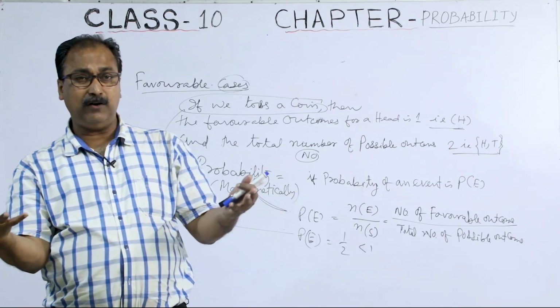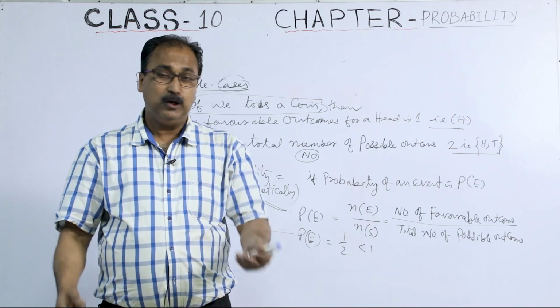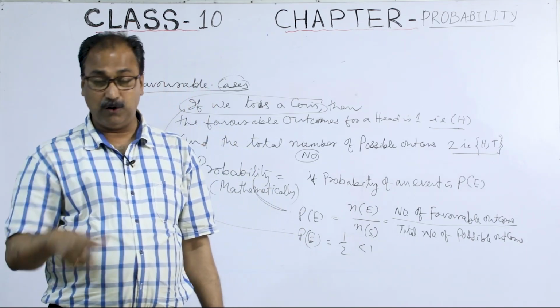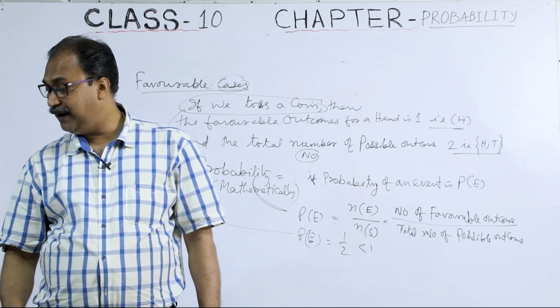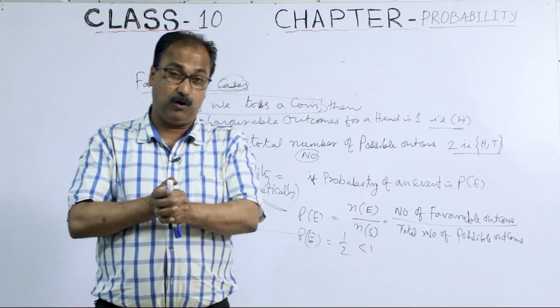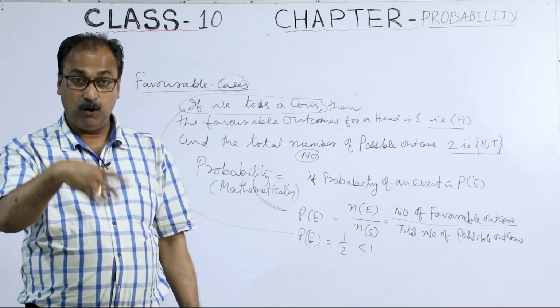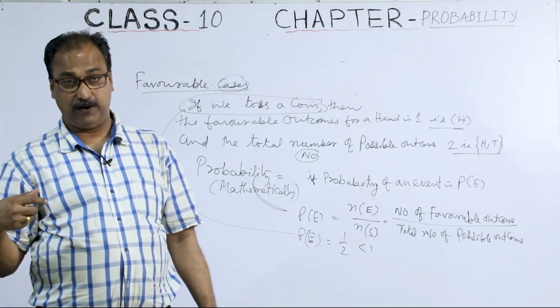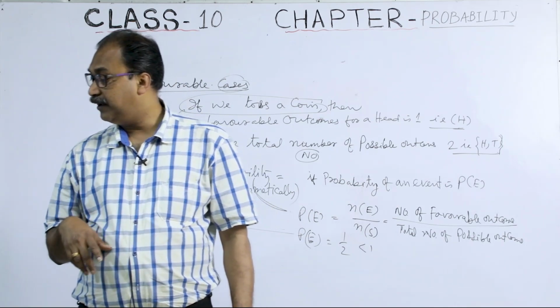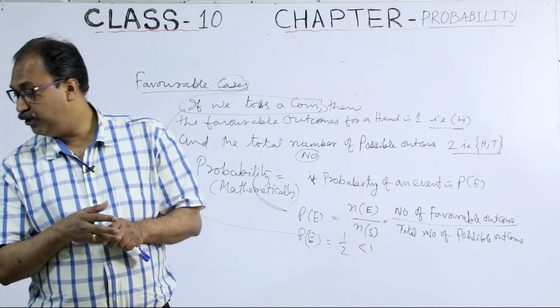No, there is no favorable outcome. Orange is not there in the bag, so we cannot find orange. In such cases, the probability is always 0, no? The event cannot possibly occur, like the example I gave you. Orange is not there in the bag and you are asking for orange.